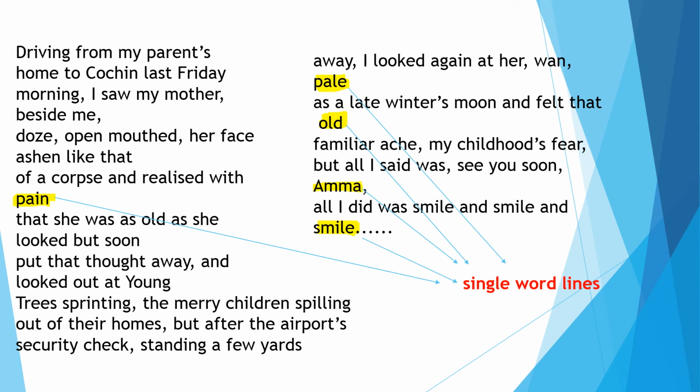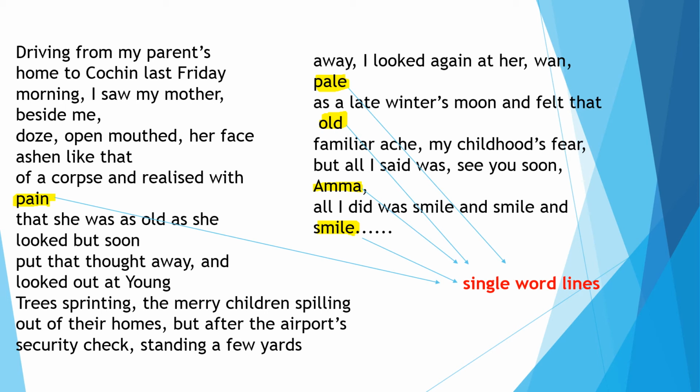And here, when we come to the last part of this video, you see single word lines. You can see pain, pale, old, Amma, smile. In five places, the poet has used single words as a line.